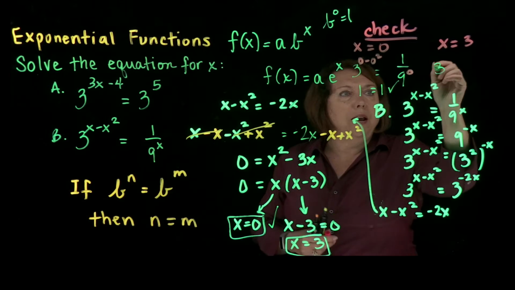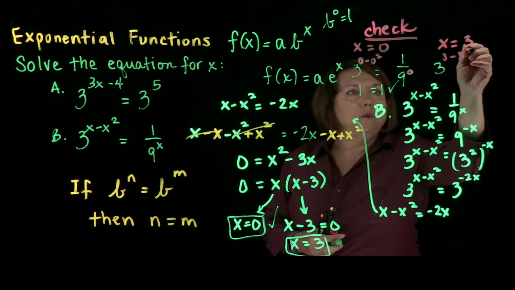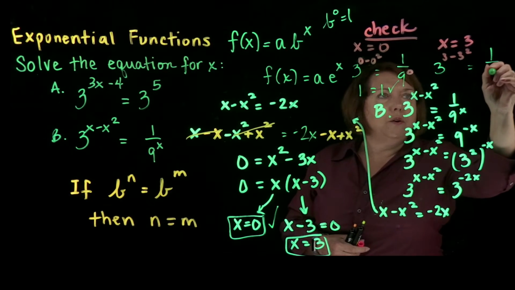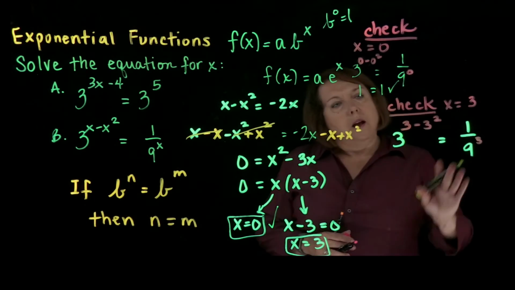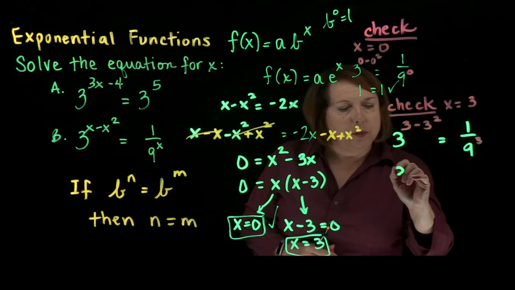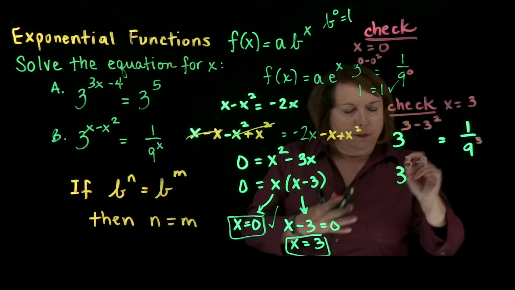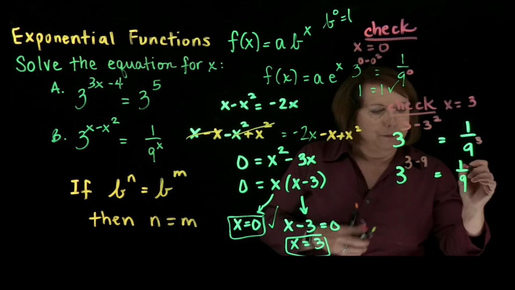So we'll have 3 to the 3 minus 3 squared. Is that equal to 1 over 9 to the third power? So I erased and rewrote this. And let's get to where we were.